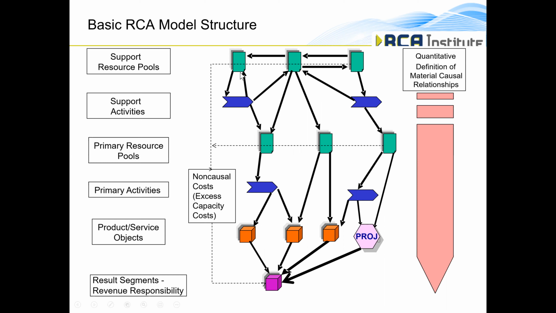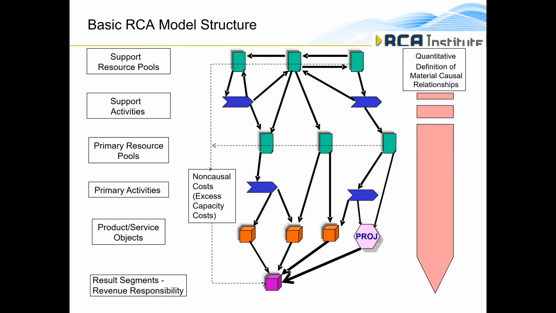You'll also notice the lines. The lines are the flow of resources from each resource pool to a different resource pool or product or service. And you'll notice some purple areas, which are what you can think of as business processes or activities. What's important is the solid lines are a flow of fixed and proportional costs.